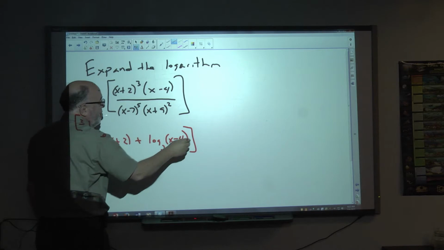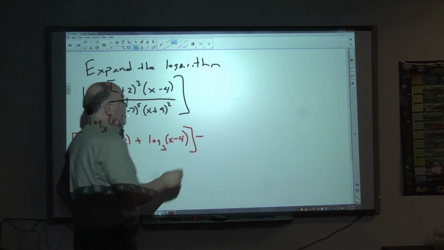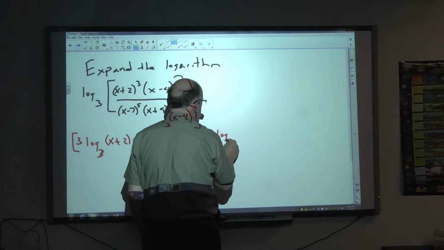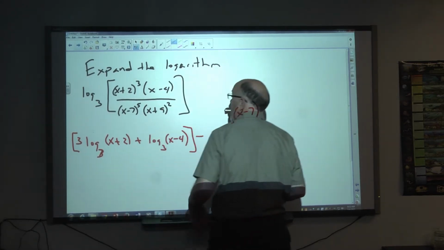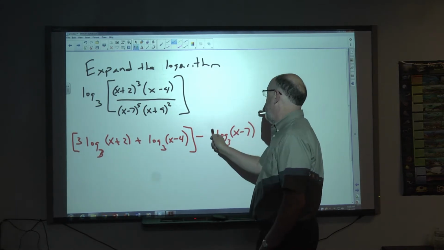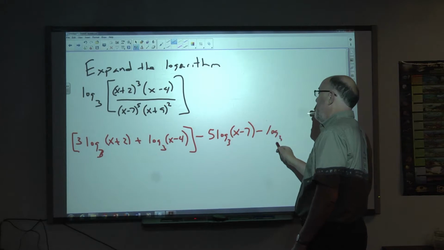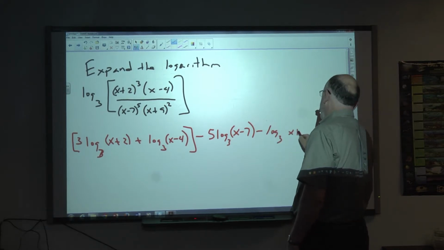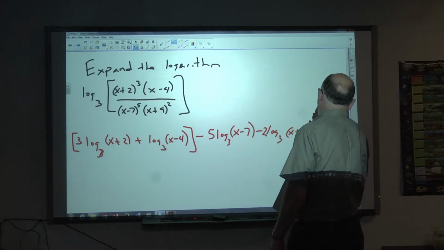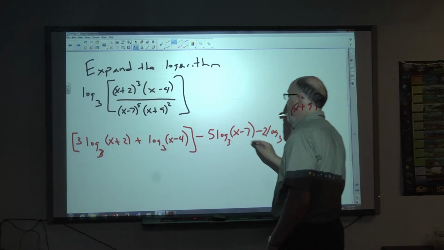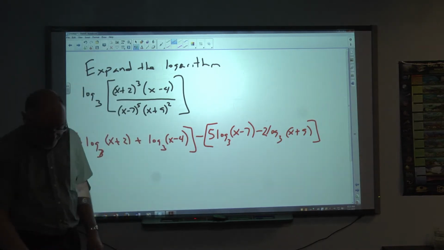The fraction bar corresponds to the minus. And now we'll do our bottom terms. So we get log base 3 of the x minus 7. And then the 5 comes out front, minus the log base 3 of the x plus 9, and then the 2 comes out front, and we have expanded that all out. Okay.